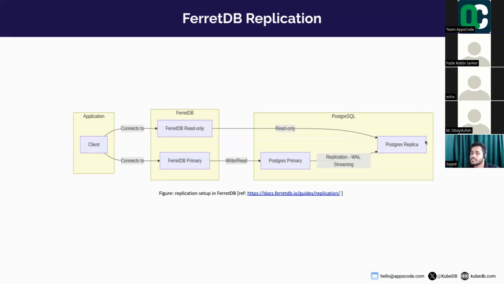There would also be a FerretDB primary server, which is for read and write operations, and which will be connected with the Postgres primary server. So if a user is connected to the FerretDB primary server, behind the scenes they are connected to the Postgres primary server. You can take a look at the details of the FerretDB replication architecture in the FerretDB blog.